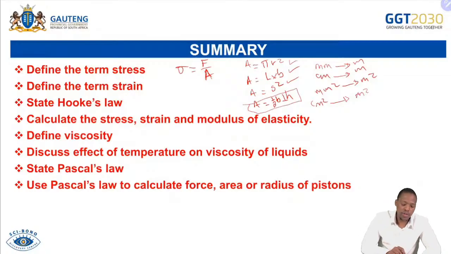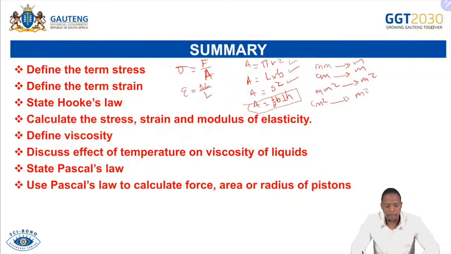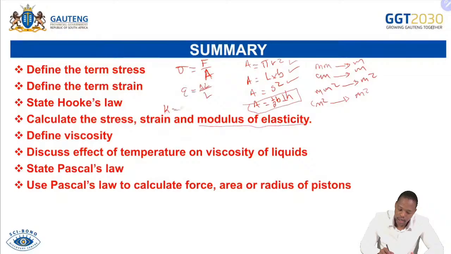You must be able to define the term strain and must be able to calculate the strain, which is the formula change in length over the original length. Okay, you must be able to state Hooke's law, all right, and then you must be able to calculate the modulus of elasticity, which is K equals the stress over the strain, grade 12.